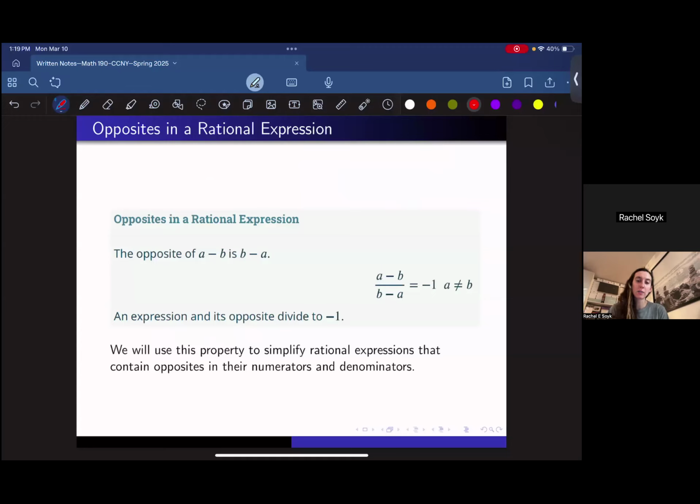And so that really helps us in certain circumstances, and we'll see this occur in a future example. Maybe let's highlight this.